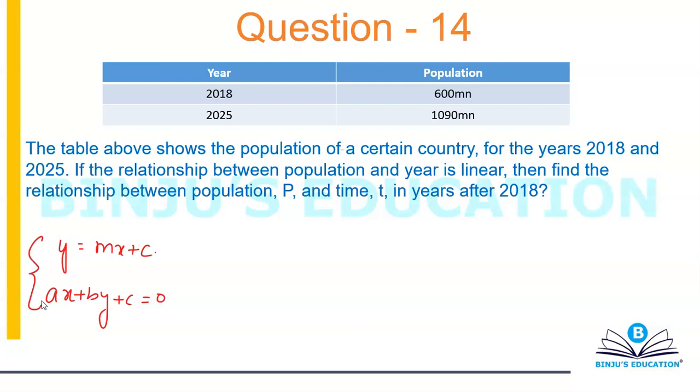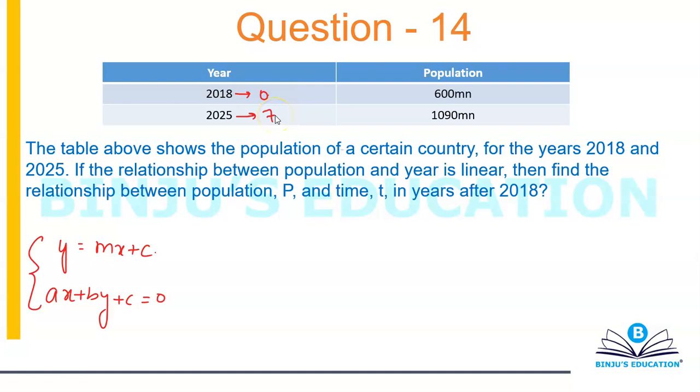So for year 2018 you have 600 million, for 2025 you have 1090 million. You need to form the equation, and the relationship is linear. Now if you want to form the linear relationship in slope intercept form, you need to figure out two things, that is the slope and the intercept. What we are going to do is consider year 2018 as year 0 and year 2025 as the 7th year.